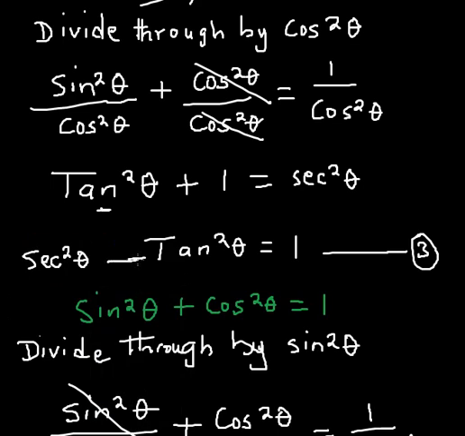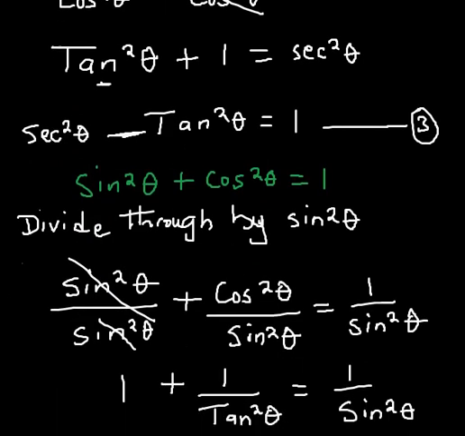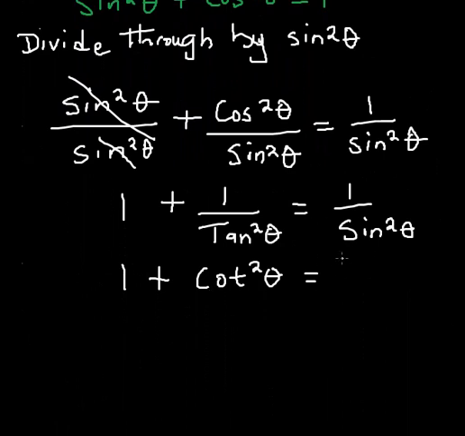So the inverse of sine gives cosec square theta.